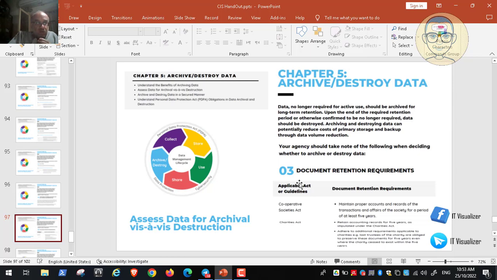Maybe the government needs your financial data, maybe the Ministry of Industry needs some data if you are in the industrial sector, maybe your partners also need your data to be archived. So this depends upon your government or regulatory needs, and your company needs for retention of the data. For example, in my field of work, we have a retention policy of 1 year for some types of data. Okay, this is something to take into consideration.